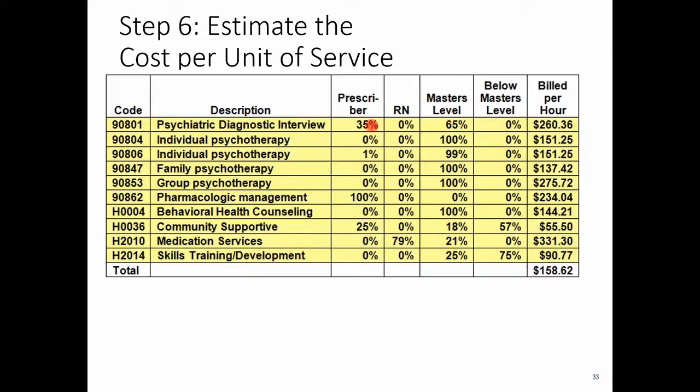And then if I know my cost per hour for each clinician type, it can give me my weighted average cost per hour, taking into account the clinician mix. This is part of the cost study model that we have, the template that we're looking at. It goes into a little bit more, it basically spits this stuff out.